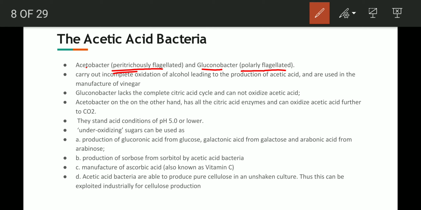Why do we call them acetic acid bacteria? Because they produce acetic acid. How do they produce acetic acid? They incompletely oxidize alcohol and they give us acetic acid.